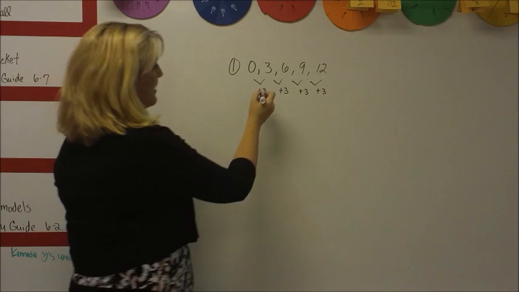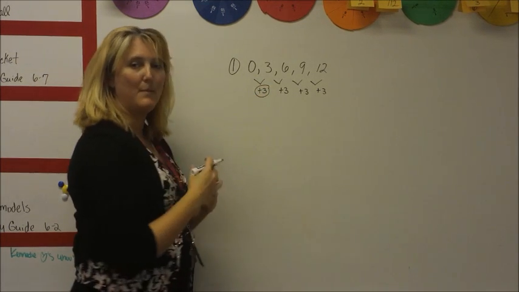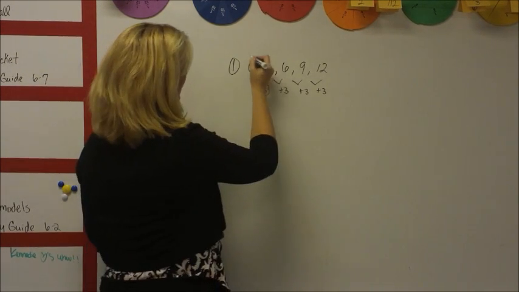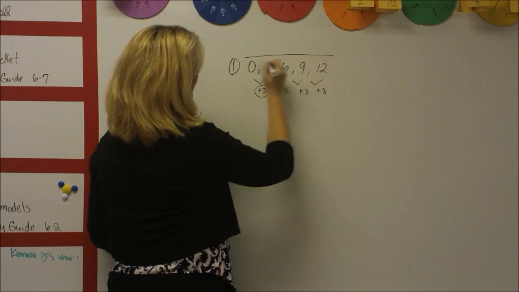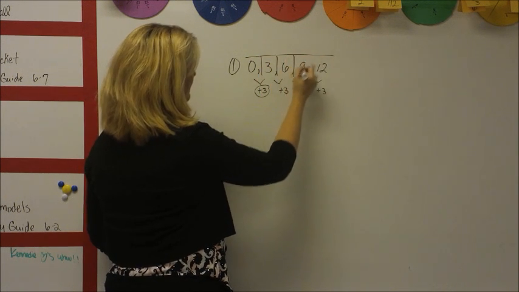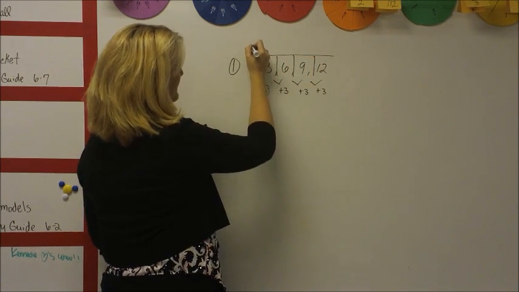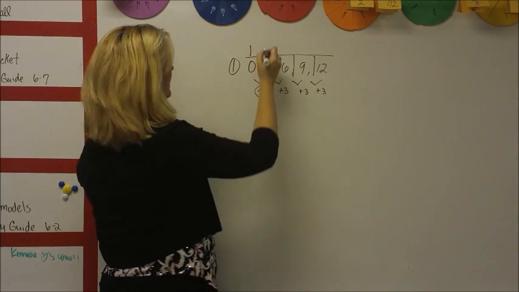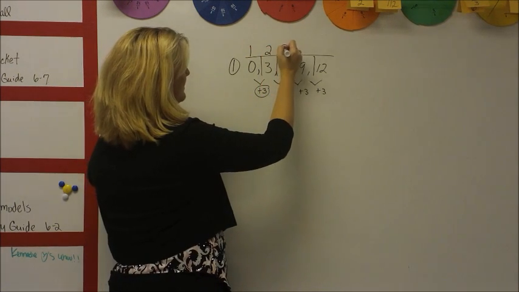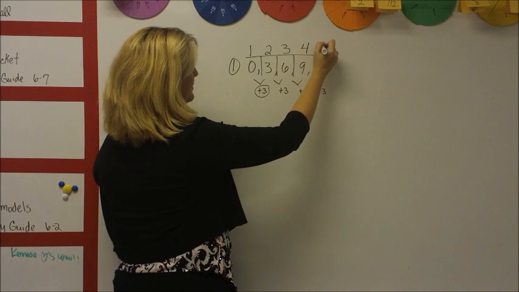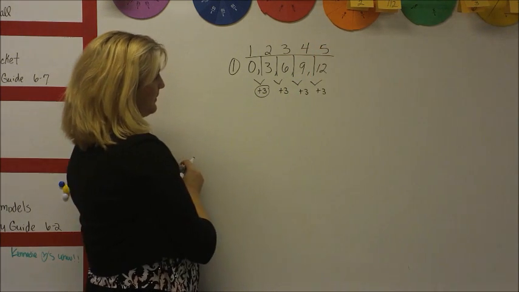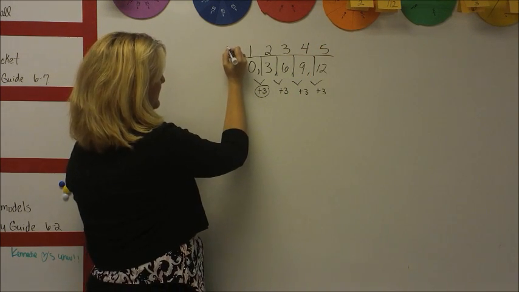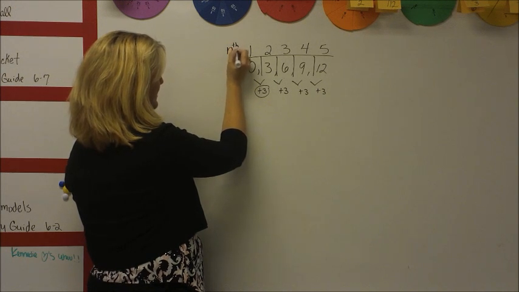This common difference becomes what you multiply the term number by. If I put this sequence into a table, this is my first position number, this is my second position, third position, fourth position, and fifth position.